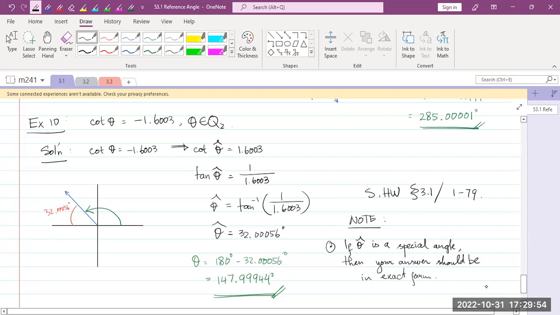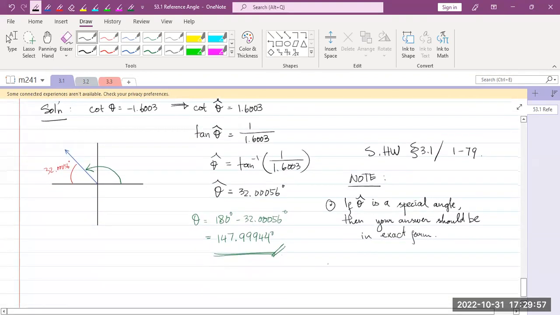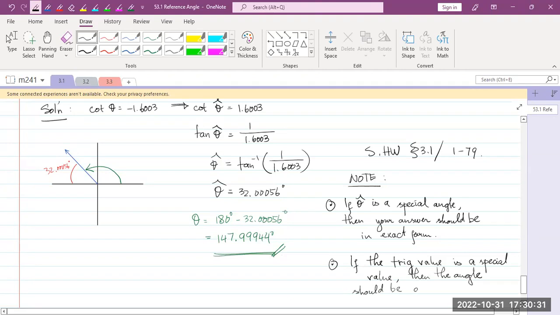Actually, if the trig value is a special value, then the angle should be a special angle.